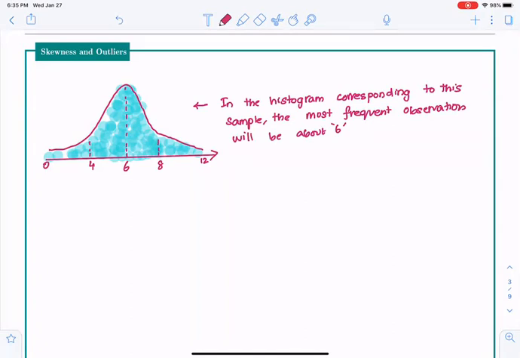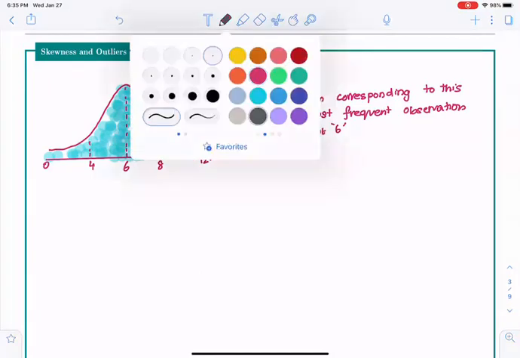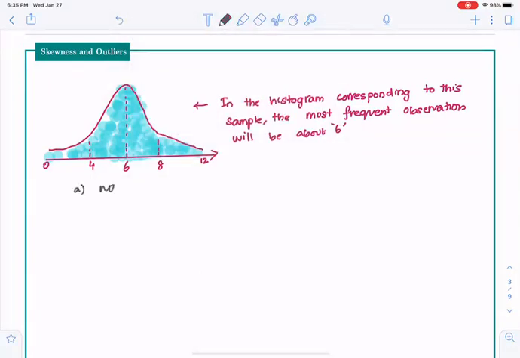But theoretically, the mode would be 6 in this case. So when we observe a sample of this sort, this sample has no skew. No skew in the sense the data is symmetric. And if we have a sample that has no skew, then the mean would be approximately equal to the median, which would be approximately equal to the mode.